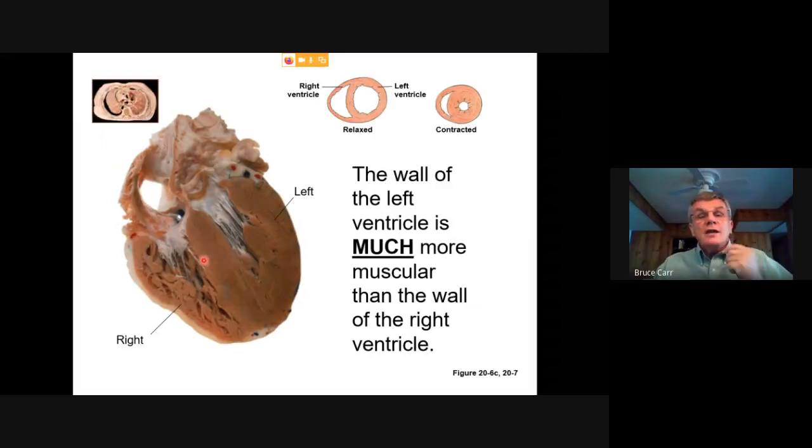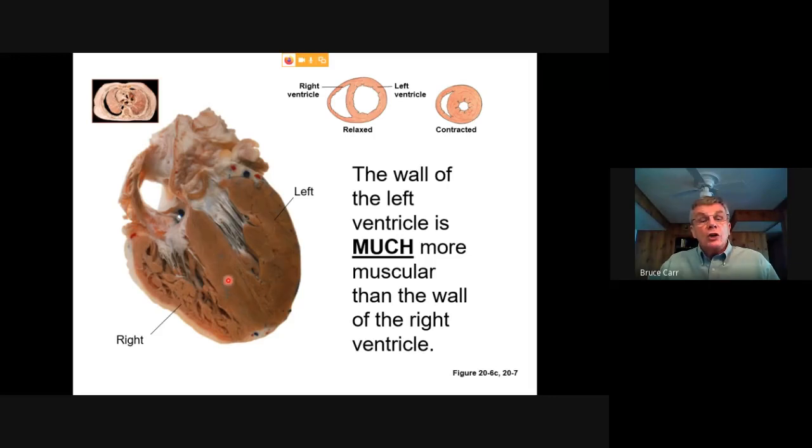Now, this section is excellent, and the drawing in the upper right is excellent, showing you that the heart is mostly left ventricle. This massive wall over here is the side of the heart that propels blood left side to the body, to the systemic circuit. Because the systemic circuit is so extensive and involves so much friction, it must be pushed by a lot more muscle cells.